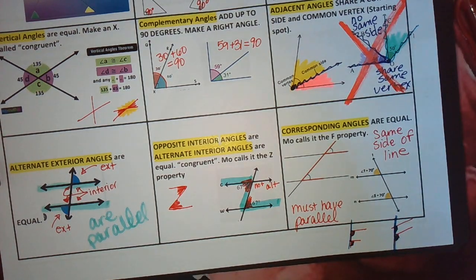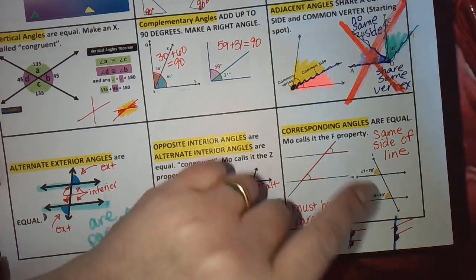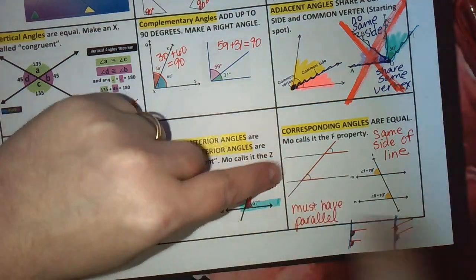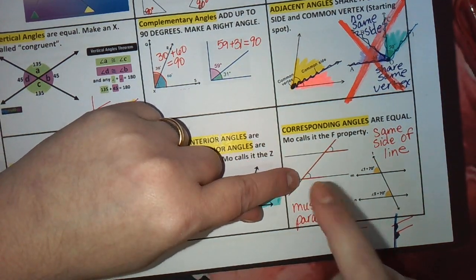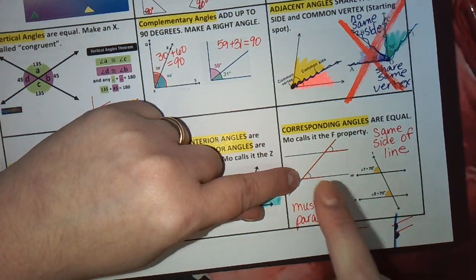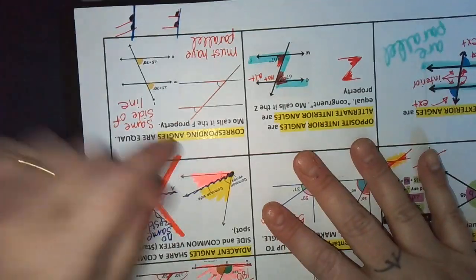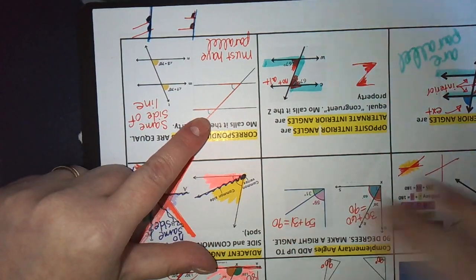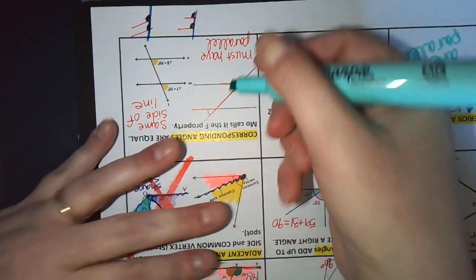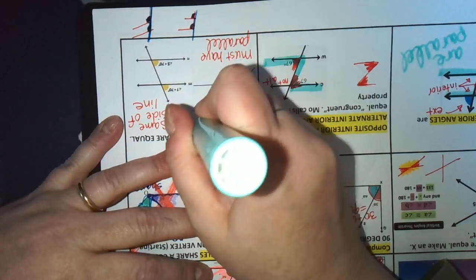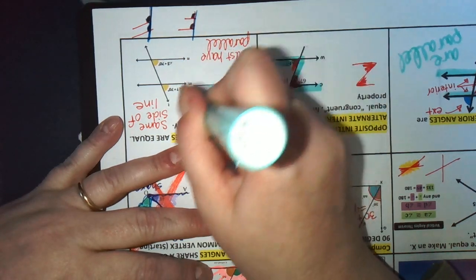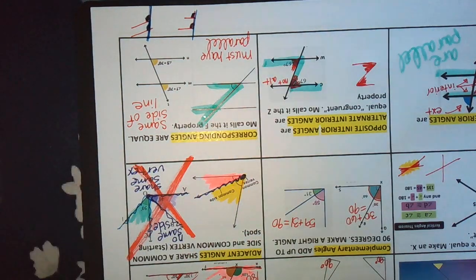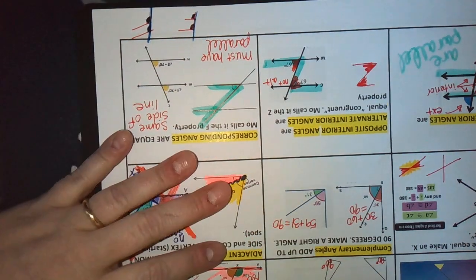So if we look at this left-hand picture, it doesn't quite look like it, but if I turn it backwards like this, it looks like, oh look, it's the letter F. It's totally backwards, but it's still an F, okay?